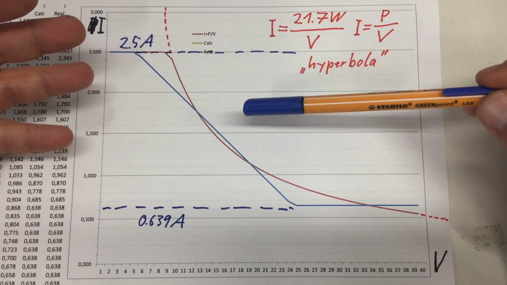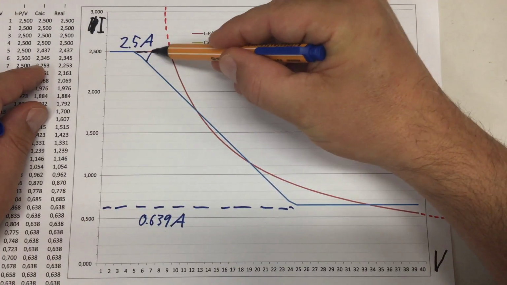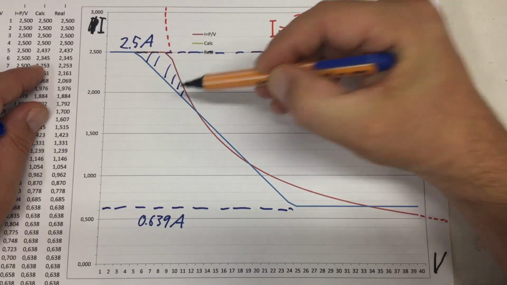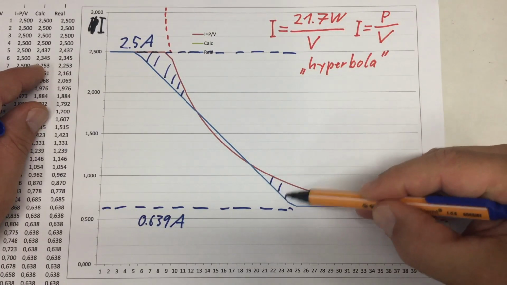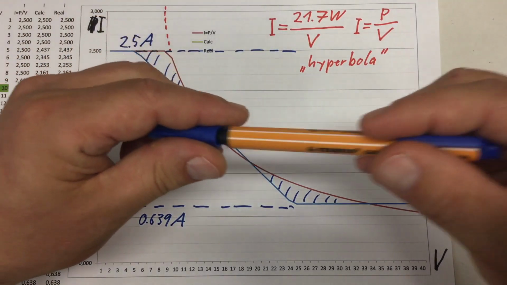It has some drawbacks. We obviously lose some parts of the safe operating area, but these are only small parts.